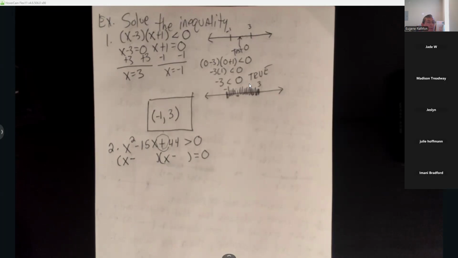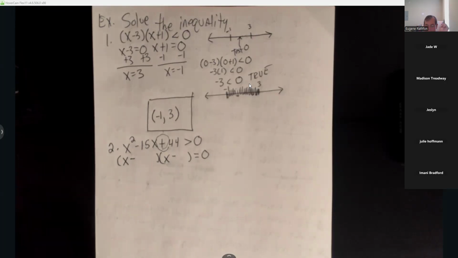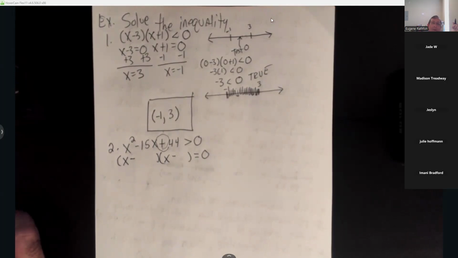So you gotta multiply to get a 44, but those two numbers gotta add to equal 15. And y'all, if y'all remember, I told y'all a trick on the calculator how y'all could do that.